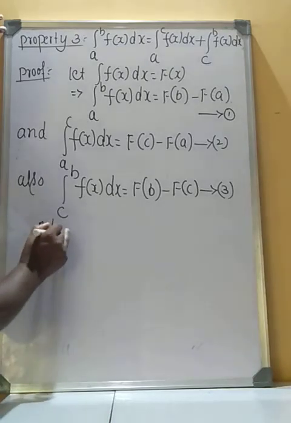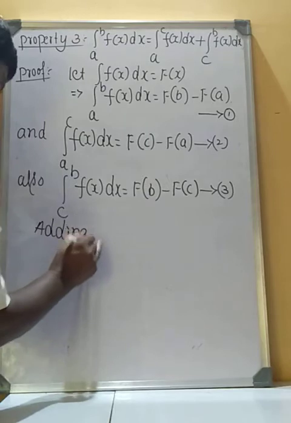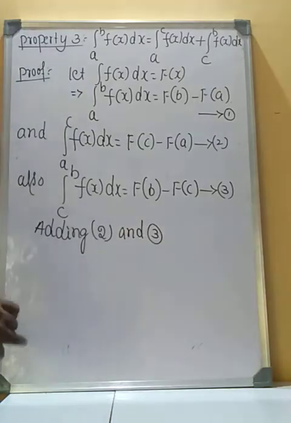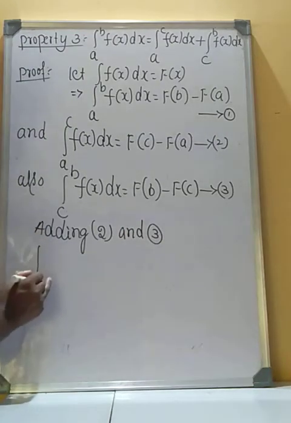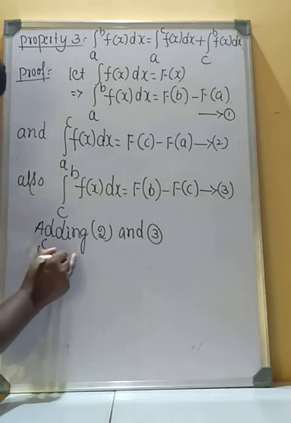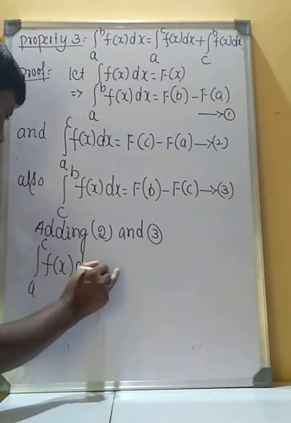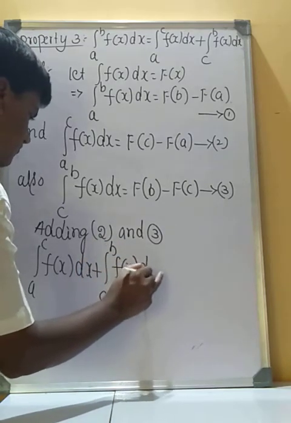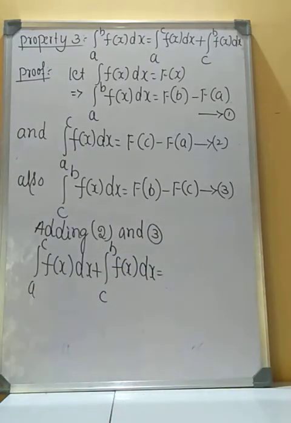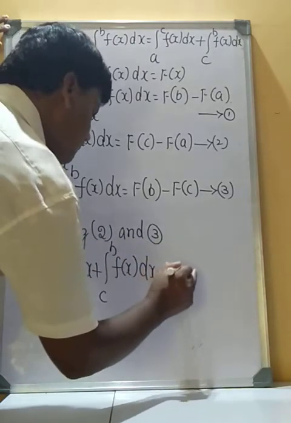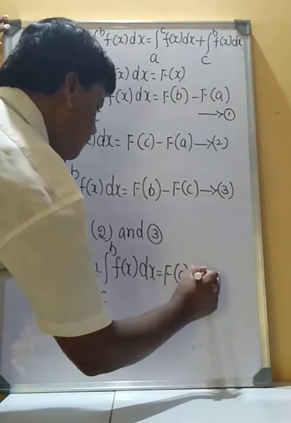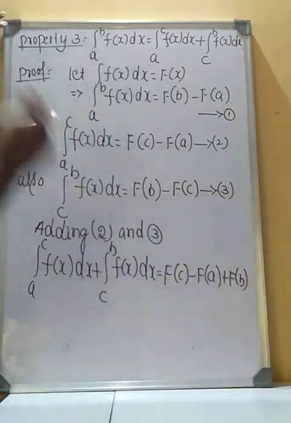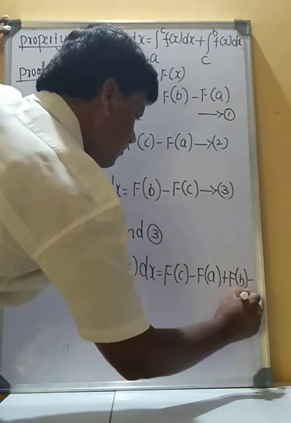Adding equations 2 and 3: integral a to c f of x dx plus integral c to b f of x dx equals F of c minus F of a plus F of b minus F of c.